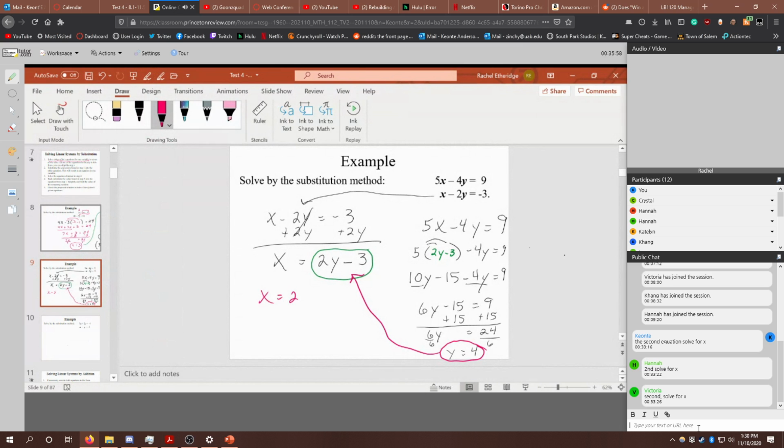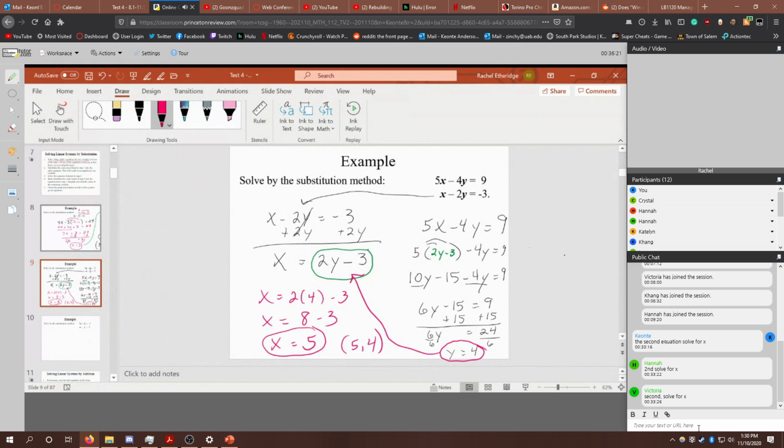So 2 times 4, because y is 4. So now I know x is 5. So the ordered pair is 5, 4.